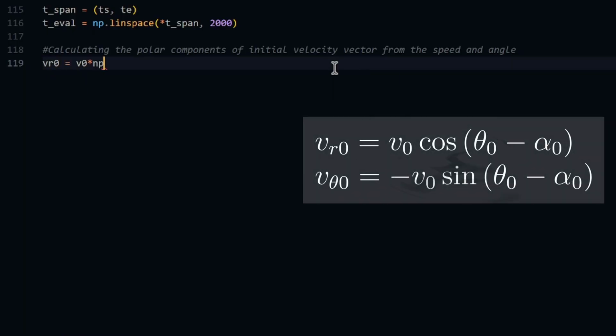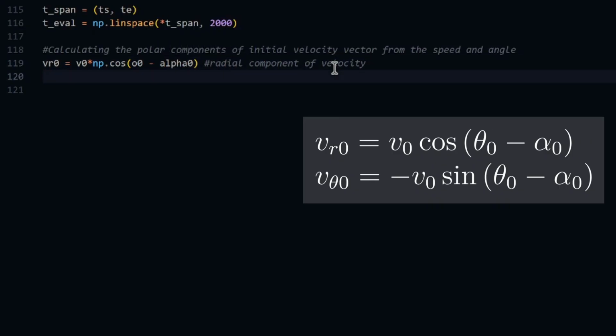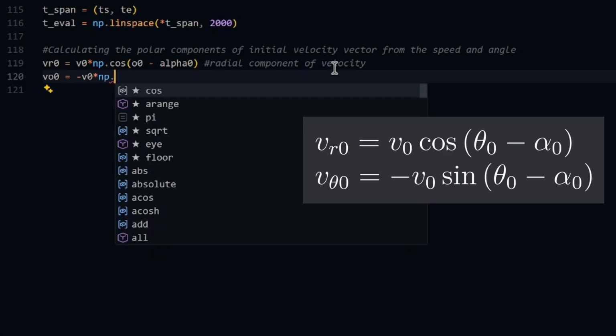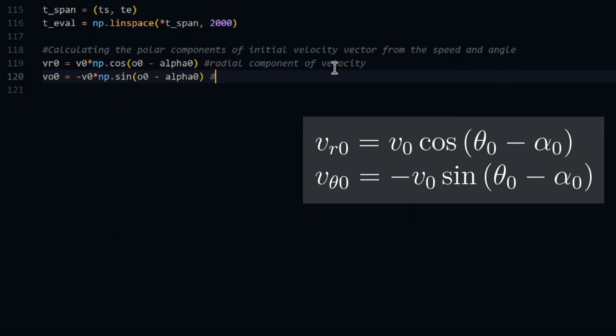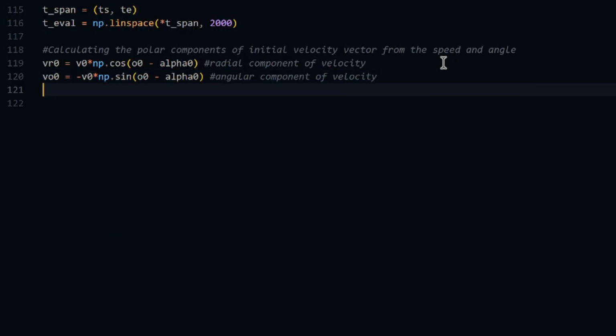After this step, we need to simply type in the expressions for Vr0 and V theta 0. Then we need to give the list of initial conditions Z0. The initial conditions are to be declared in the same order as it was declared within the function capital S. So, r followed by theta, followed by u, and finally v.